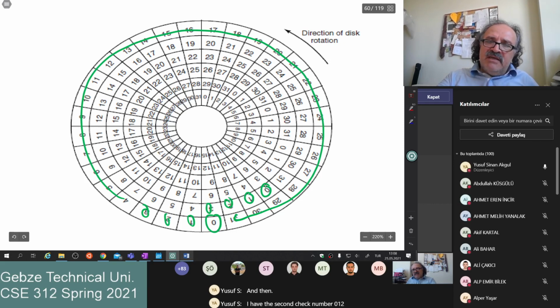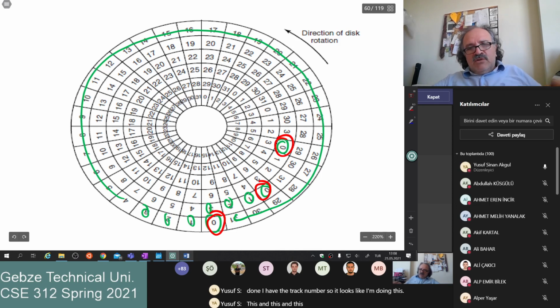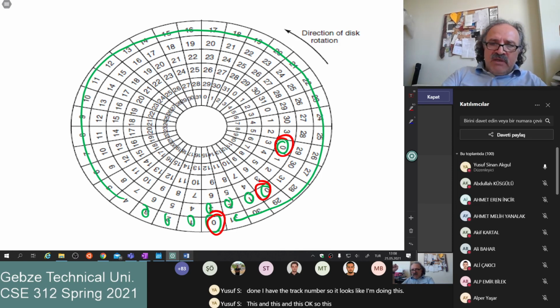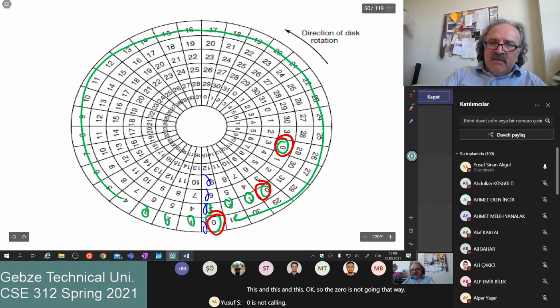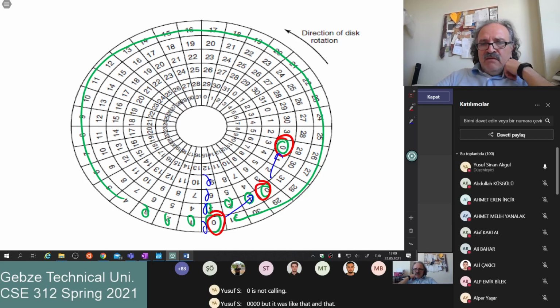So it looks like I am doing this, and this, and this. So the 0 is not going straight across, 0, 0, 0, 0, but it goes like that and that. Can you guess why they are doing this?